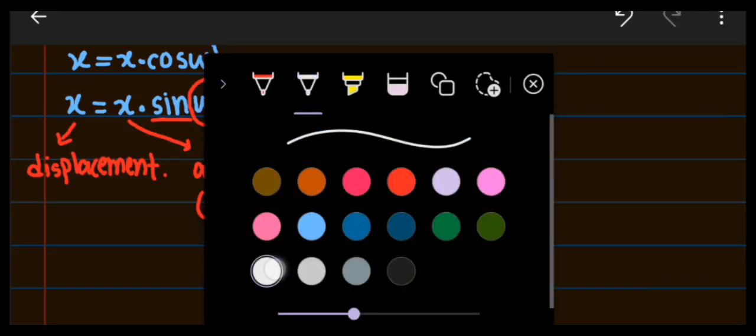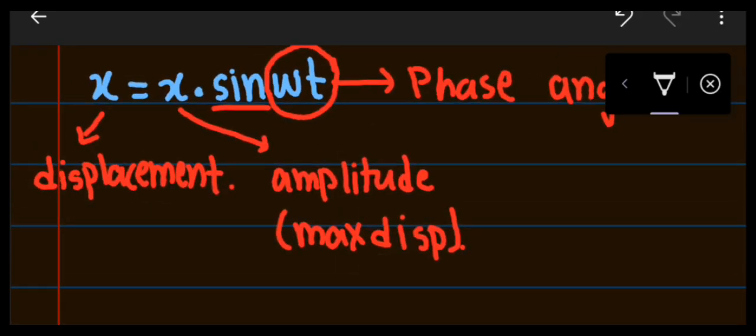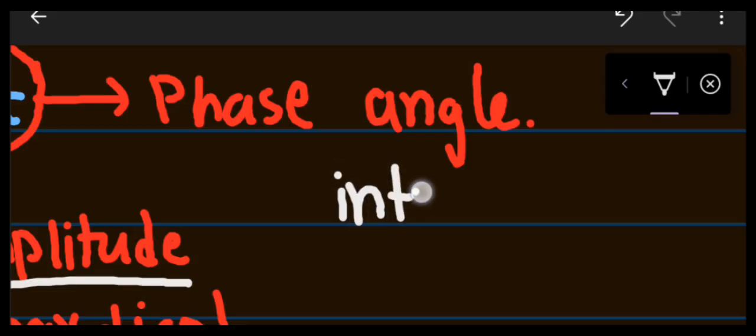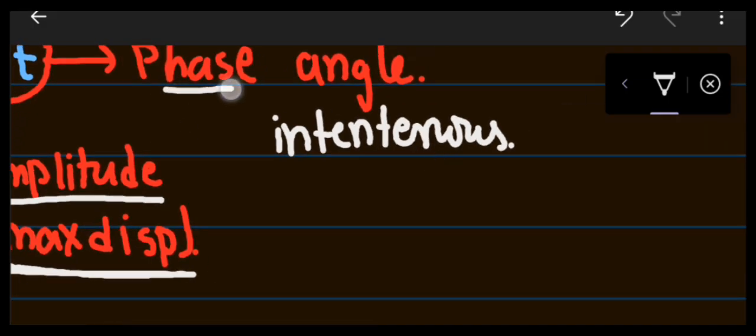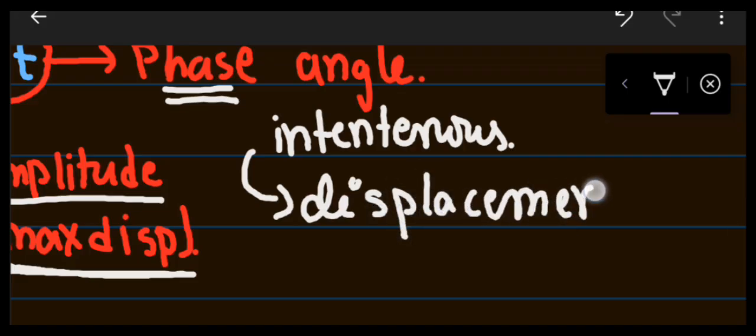So wait, let me tell you, phase angle is nothing but it defines the instantaneous displacement. It defines displacement, either it goes from mean to extreme or from extreme to mean, but at a fixed point, what will its displacement be when it is standing at that fixed point? So here the phase angle is used to tell the instantaneous displacement at an exact point.